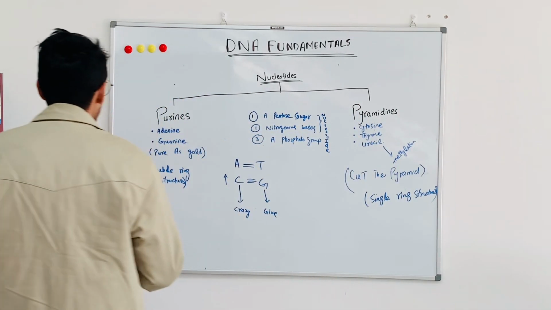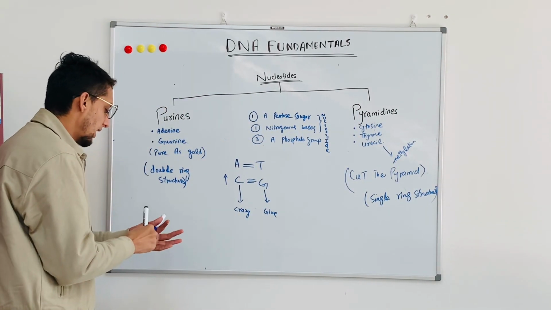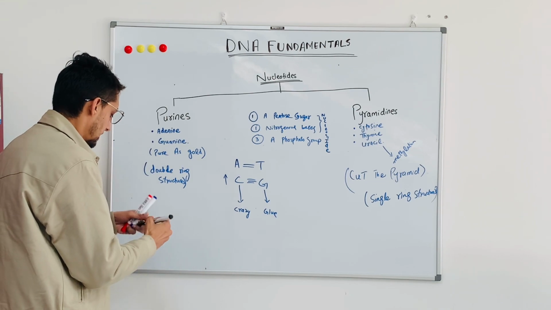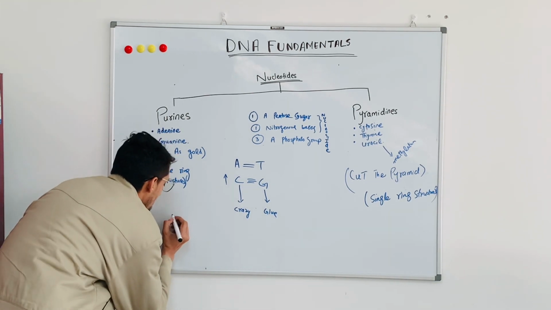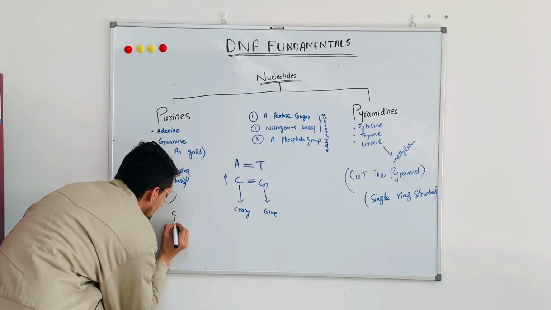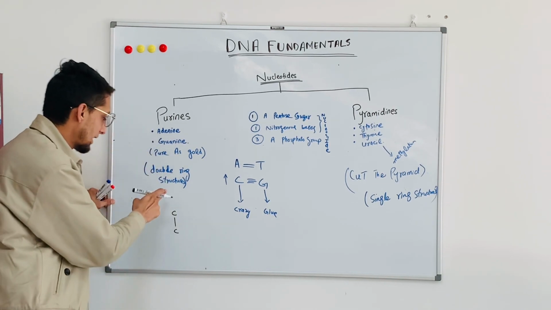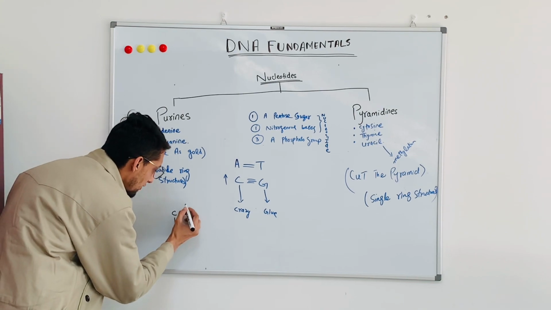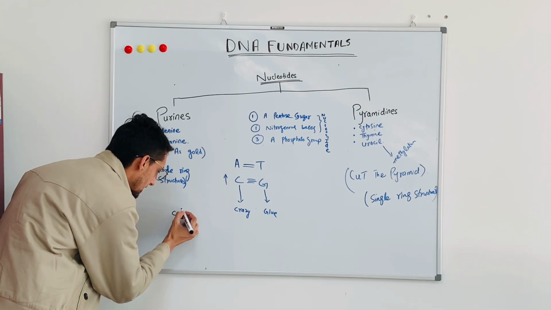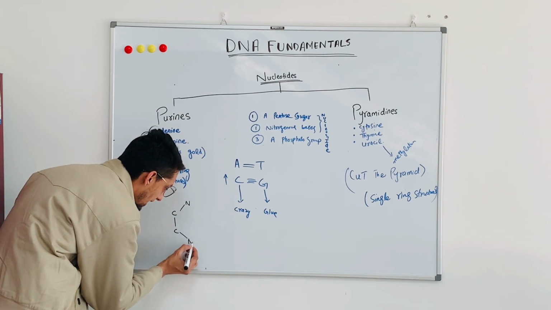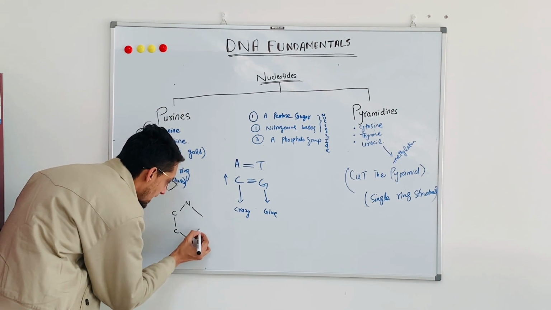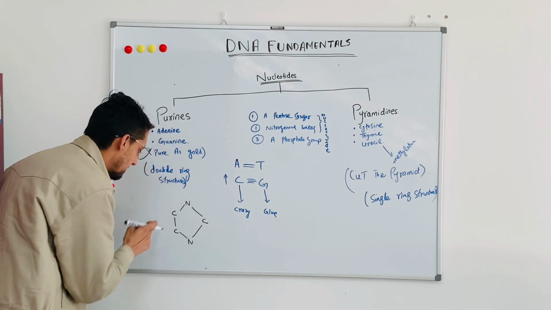Let me draw the purine here. How to memorize it? Simply, you can see C with the C. One ring is like, here is N and here is also N. This N and this N are combining with the C.